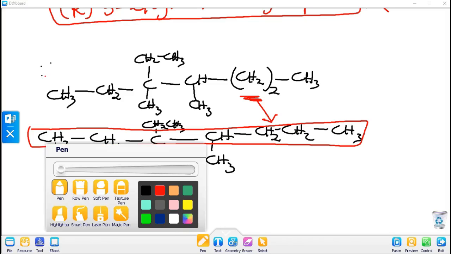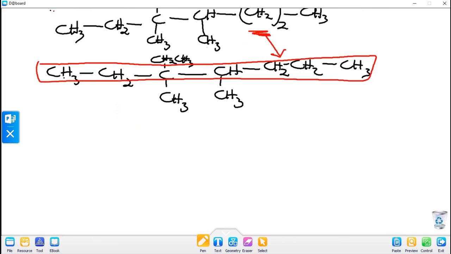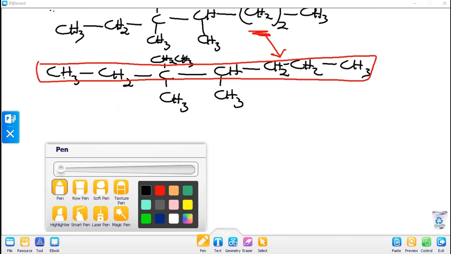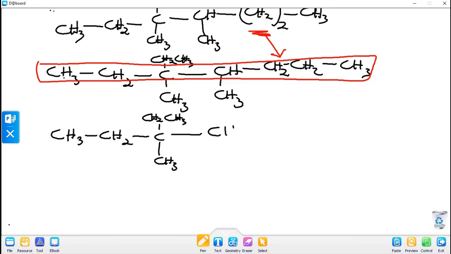Now, I want to make it clear that some students may also choose to go this way. It is possible that a student may choose to take his or her counting this way: CH3, CH2, C, CH3, CH2, CH3, CH, CH3.